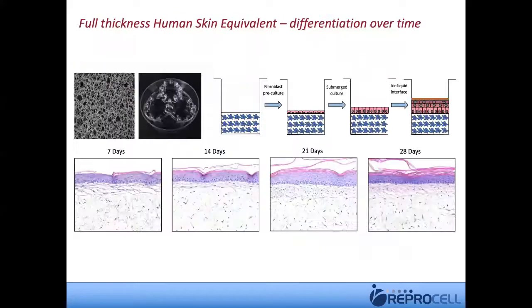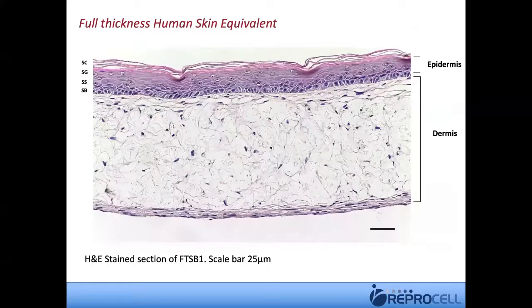Once that's been established, we can then seed onto the surface the keratinocytes, and we then raise them up to the air liquid interface, where they can then differentiate, forming a stratified epithelium and a stratum corneum. And this can be maintained for many months in vitro. And we show here, for example, up to 28 days. So this is where we produce our fully formed full thickness skin equivalent.